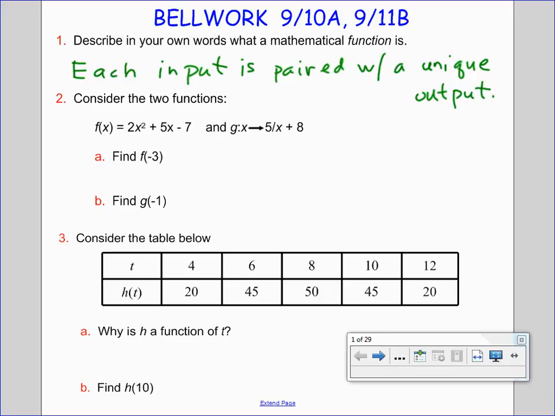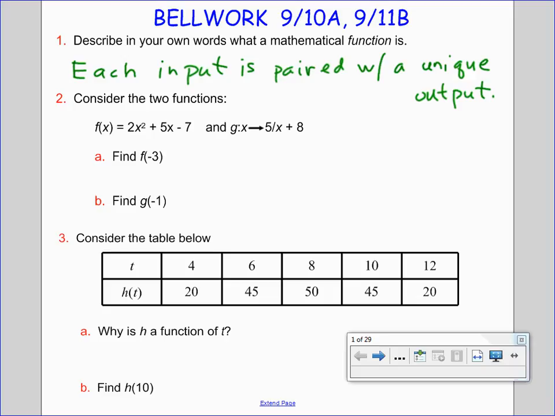That is one and only one output. So if 2 is paired with 7 in one point, and 2 is paired with 8 in another point, it's no longer a function. However, if I scan my list of pairings and no inputs repeat, then it's guaranteed to be a function.